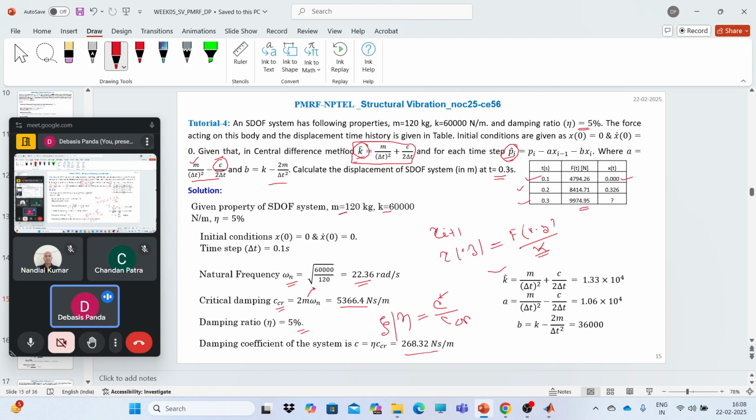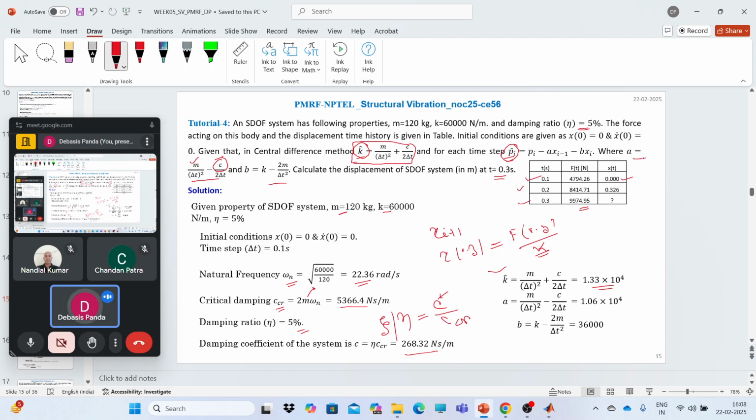So here we have all the values: the value of m, the value of c, and the value of del t. The del t value is provided as 0.1 second. If not provided, then from the table we can easily calculate it: t2 minus t1 will give you the del t. So k effective comes as 1.33 multiplied by 10 to the power 4.